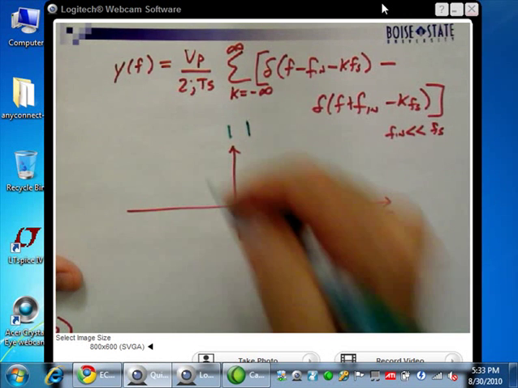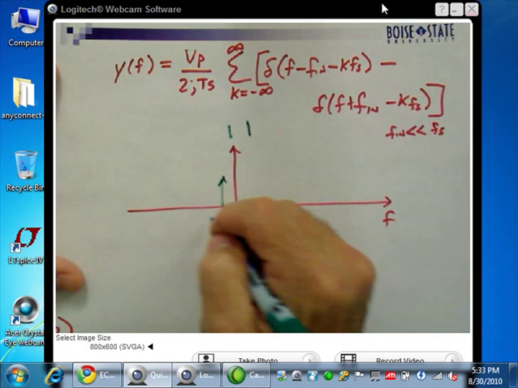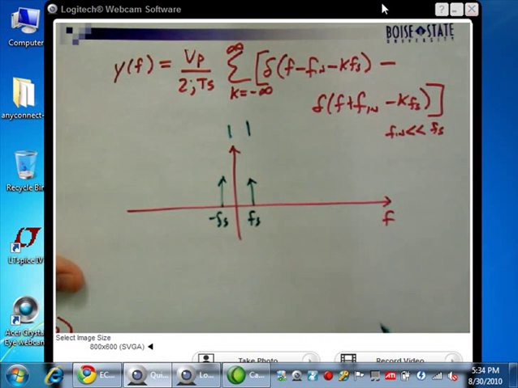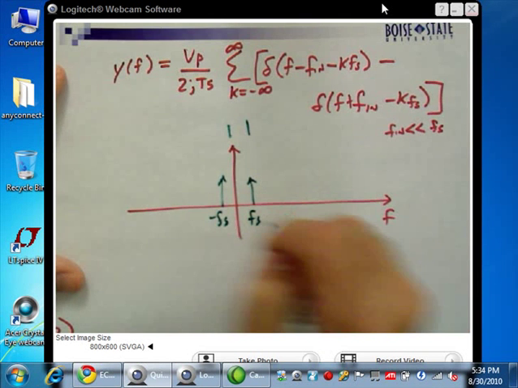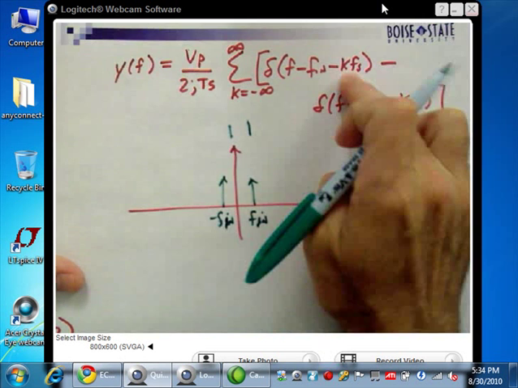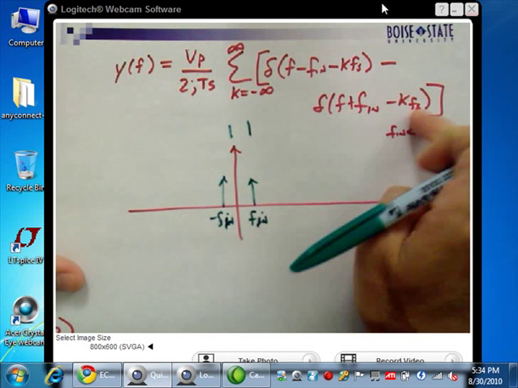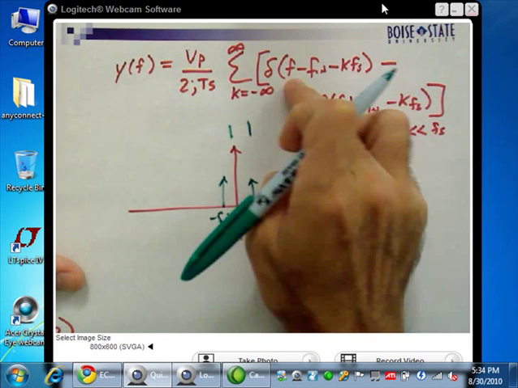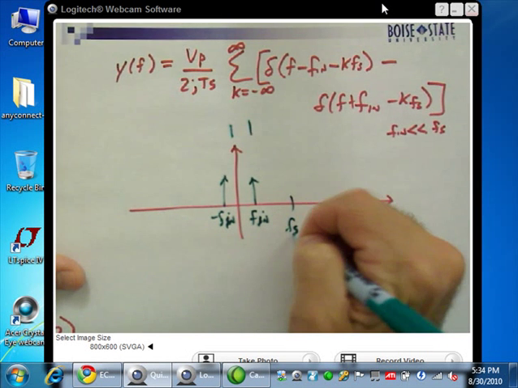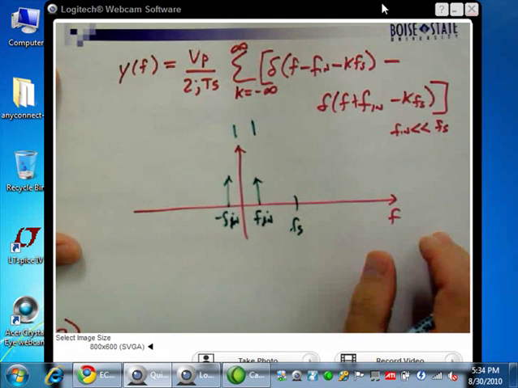Okay, so I get a tone at minus Fn and a tone at Fn, because k is 0. So this goes to 0 when f is equal to Fn and f is equal to minus Fn. Then if here's Fs, where's my next tone?